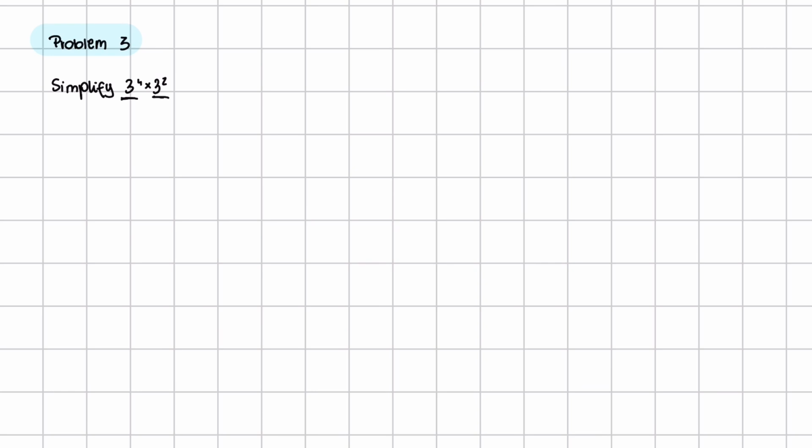So it is basically 3 to the power of 4 plus 2, because we are adding these numbers. So it is 3 to the power of 6, and the final answer is 729.